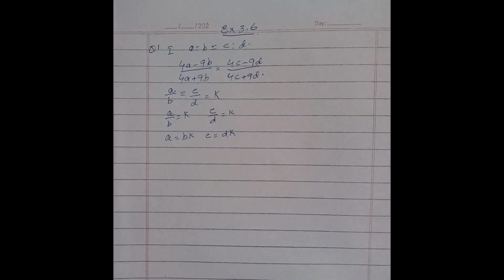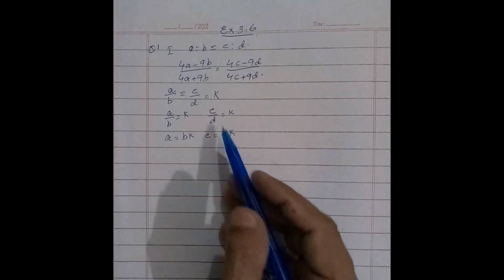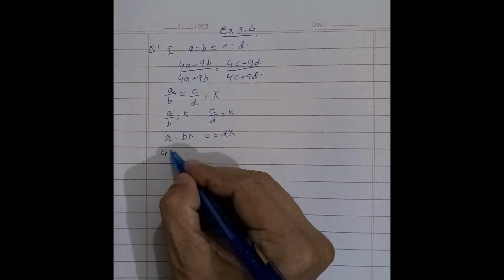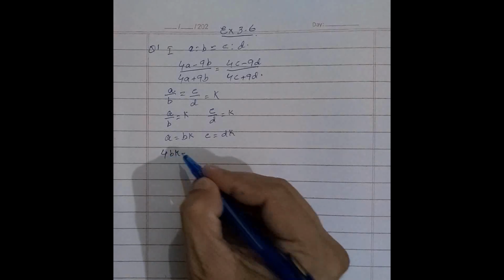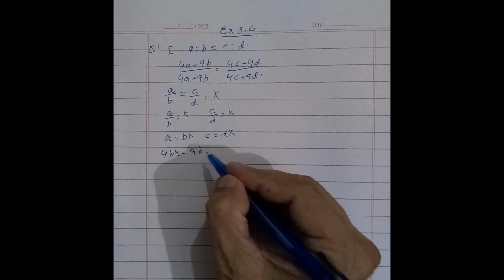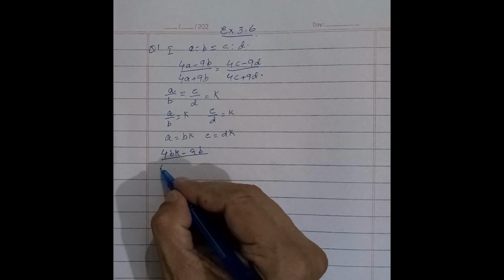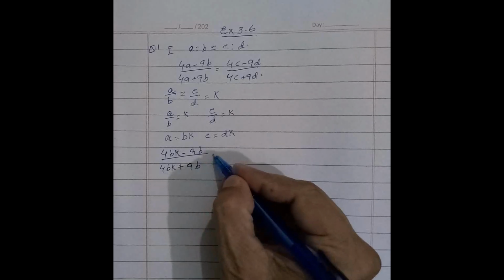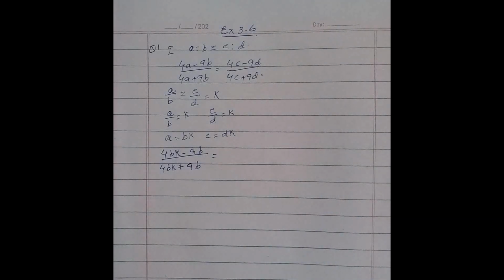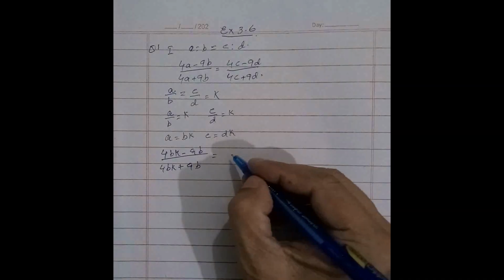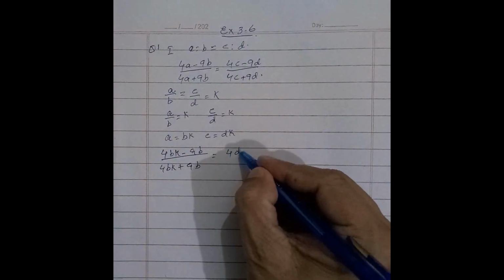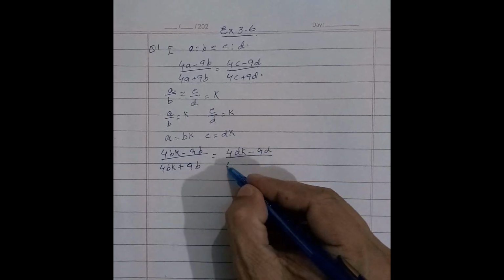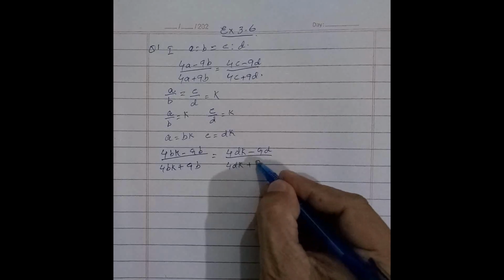Now we put the values of A and C in this question. We get 4BK minus 9B over 4BK plus 9B is equal to, we solve them side by side, 4DK minus 9D over 4DK plus 9D.